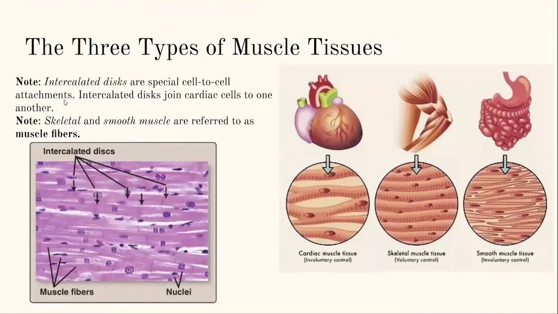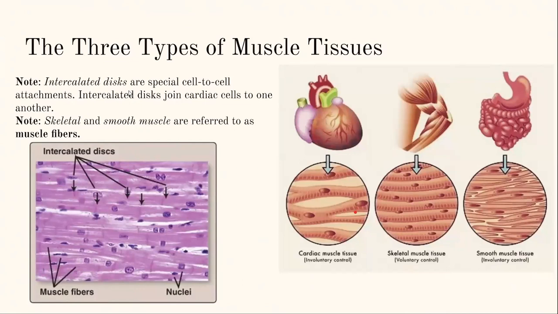And here, I just want to specify on cardiac muscle, we have these cell-to-cell attachments, particularly in cardiac muscle. So each cell in the cardiac muscle is attached by this special cell-to-cell attachment called intercalated discs.